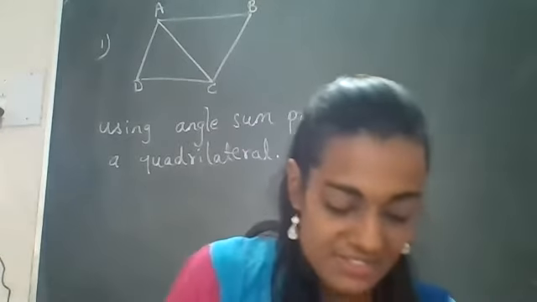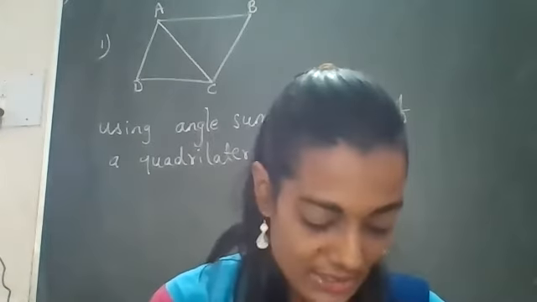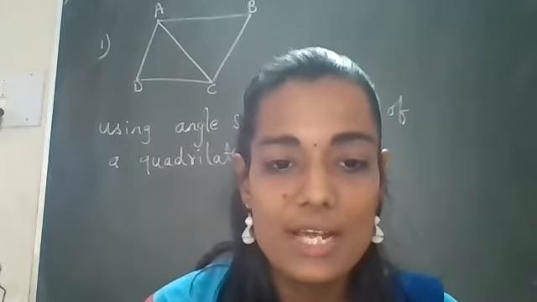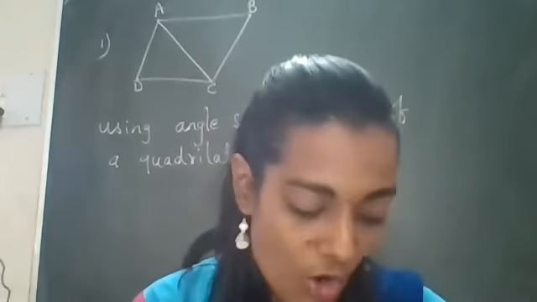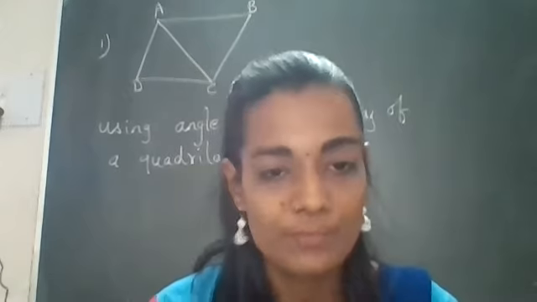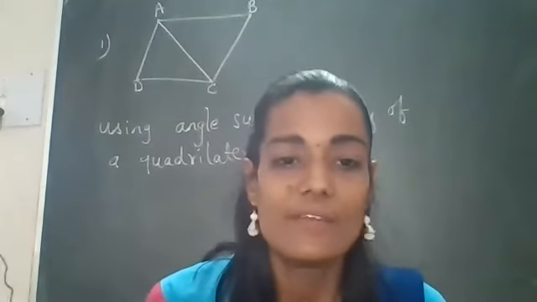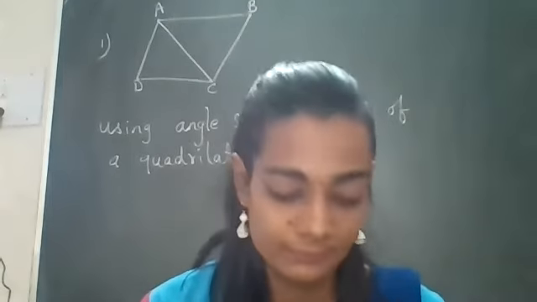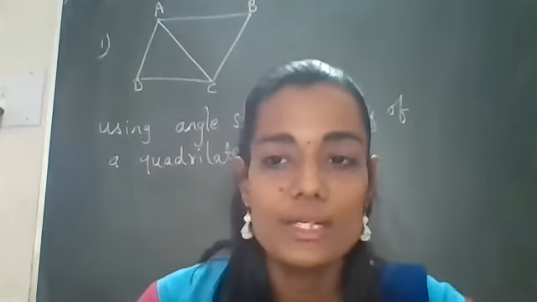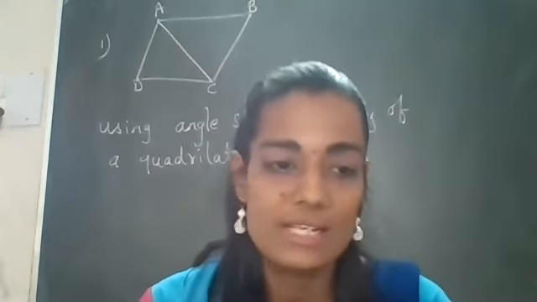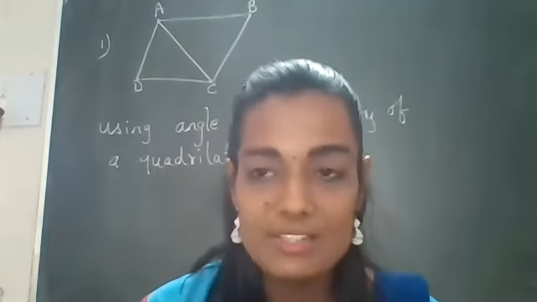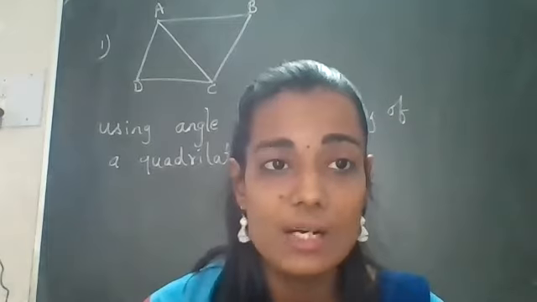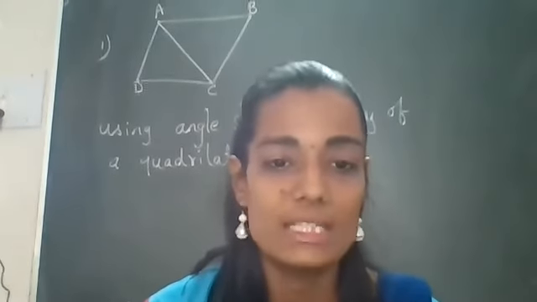Next is theorem 8.5: if in a quadrilateral each pair of opposite angles is equal, then it is a parallelogram. Means the reverse of theorem 8.4. We are not going through the proof because it is not in the syllabus. Next, there are theorems up to 8.7. These theorems indicate some of the properties of these quadrilaterals.